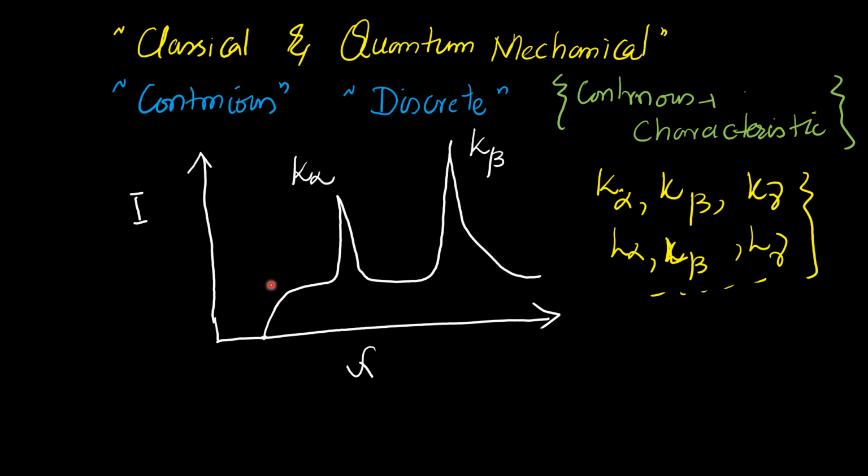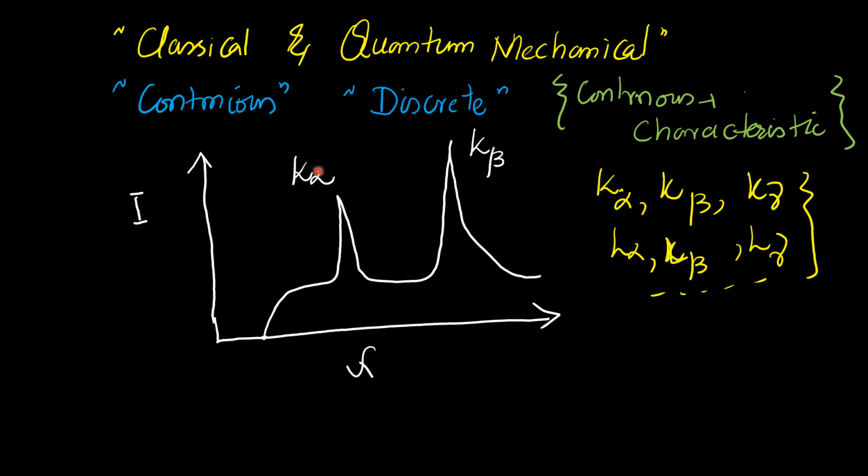So basically, classical theory is the old conventional theory, but quantum mechanical theory is a modern theory which explains these K alpha and K beta X-rays on the basis of inner shell transitions, because every shell has a quantized energy.